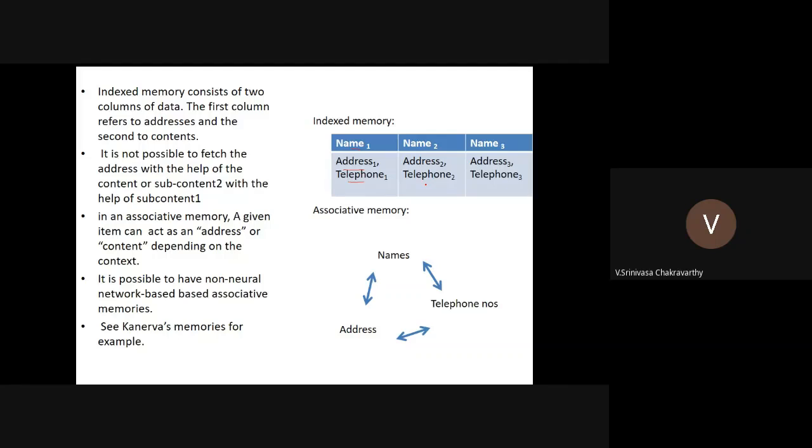So ideally, if the memory or the database is organized with a set of names, addresses and telephone numbers, then given the name, you should be able to get the telephone number and the address. But also given the telephone number, you should be able to get the name and the address. Or given the address, you should be able to get the names and telephone numbers. So the information should work in all directions.